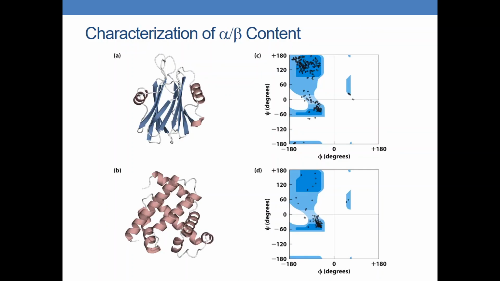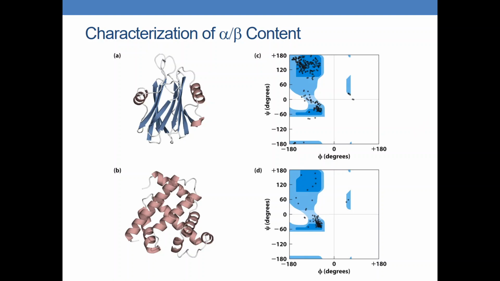Now we can also characterize alpha beta content using the Ramachandran plot. Remember, the Ramachandran plot is simply an XY coordinate system plotting the dihedral angles surrounding each C alpha carbon. So we're looking at phi versus psi, shown here on the y and x axes.